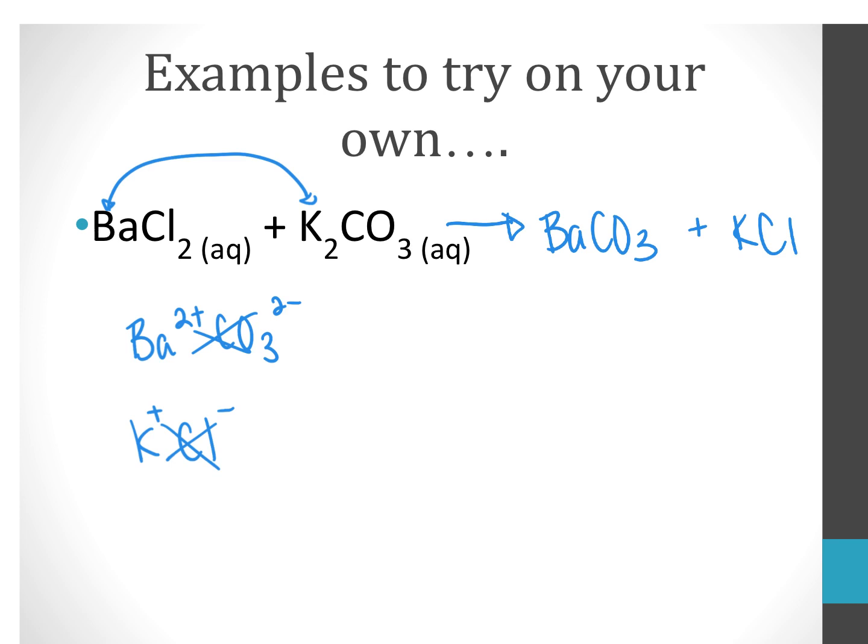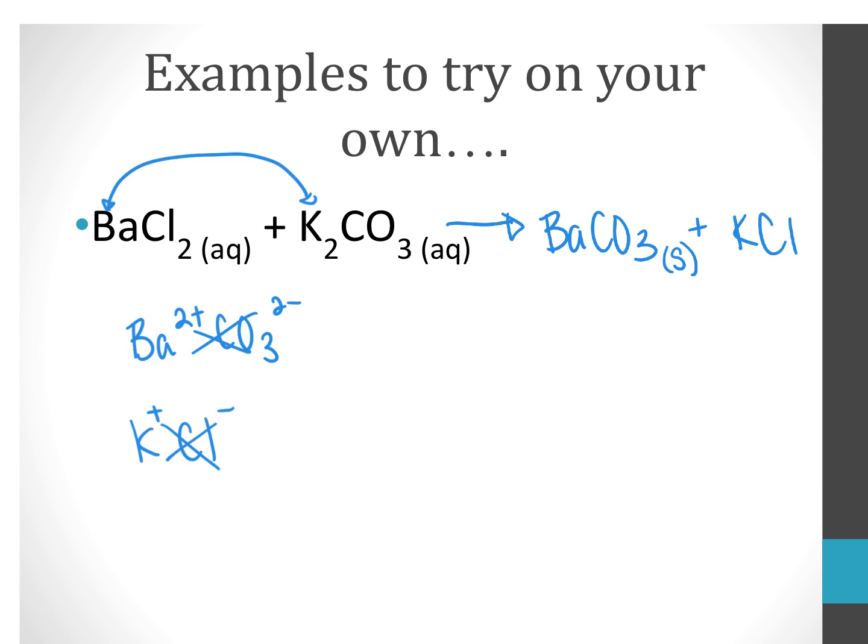What do you have to look up next? Solubility. What's the solubility of barium carbonate? Insoluble. So that means you make a solid, so you're going to write an S for solid.